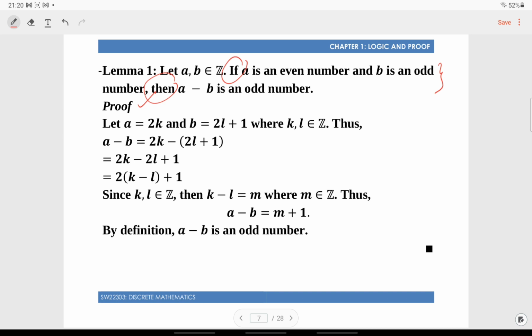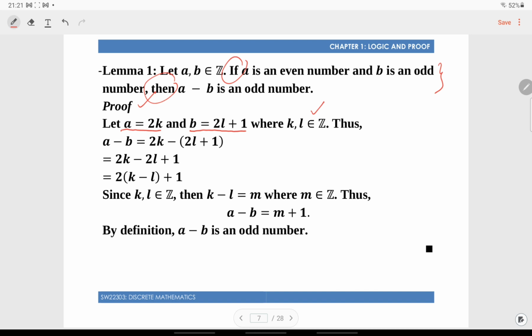We start from our assumption that the given a is an even number and the given b is an odd number, referring to the previous definition. Because a is even, it can be written as a equals 2k. Because b is odd, it can be written as b equals 2l plus 1, where k and l can be any integers.